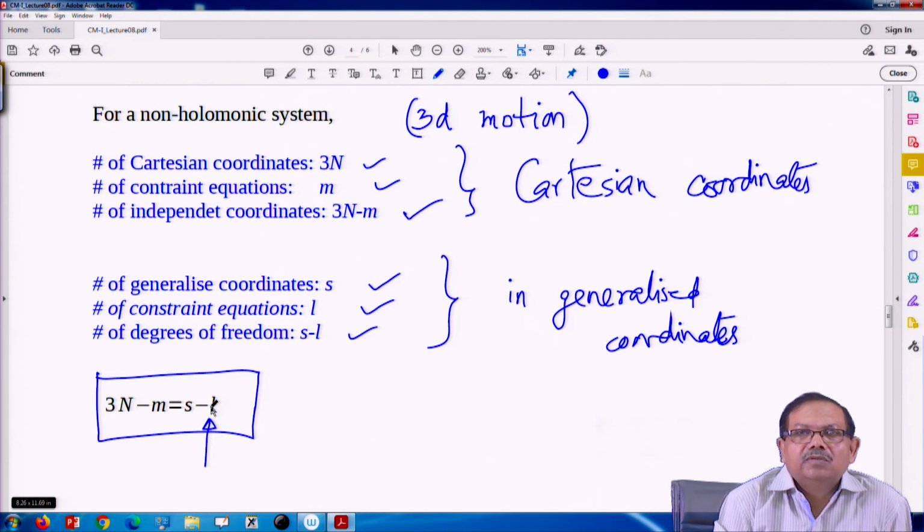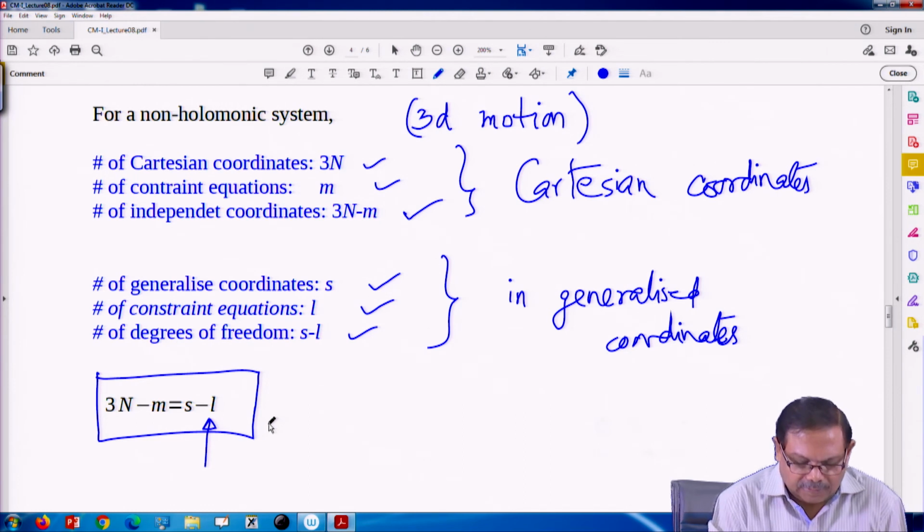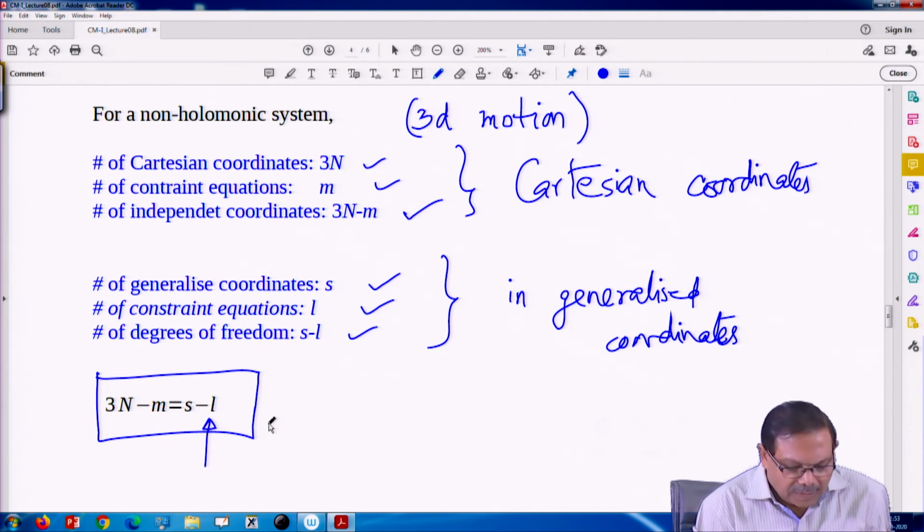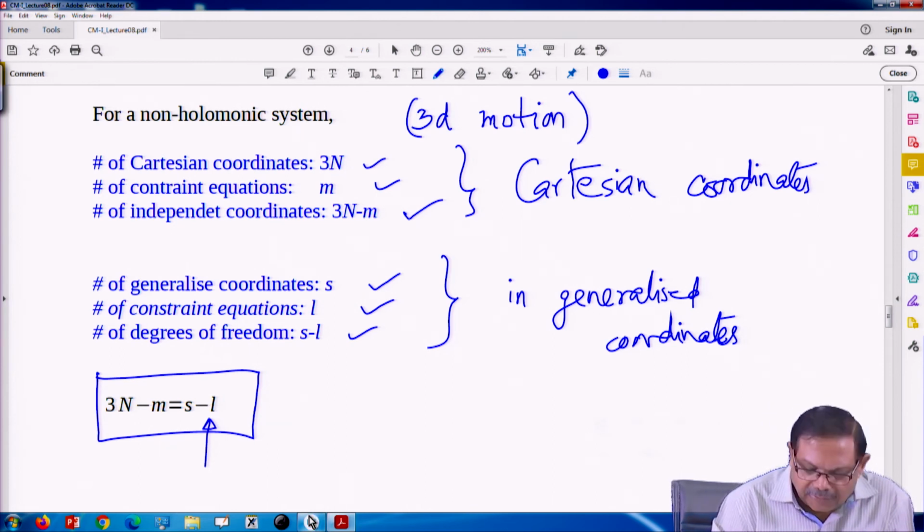So, the number of generalized coordinates is equal to the number of degrees of freedom for a holonomic system, but that is no more the case, but degrees of freedom have to be the same. So, this equation has to be valid. Okay.